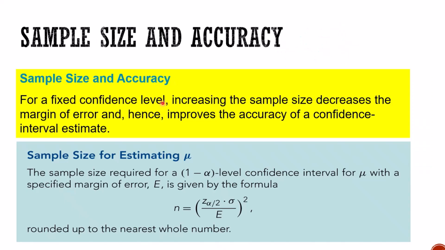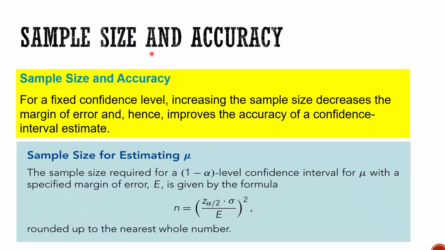Now, earlier we stated that as the confidence level increases or decreases, the margin of error also increases or decreases proportionally, and vice versa. However, there's a way of decreasing the margin of error without changing the confidence level, and that is by increasing the sample size.